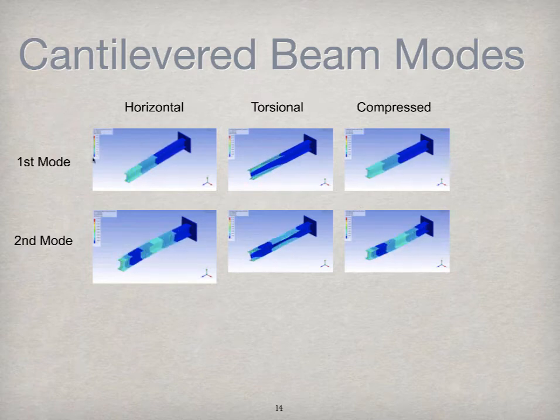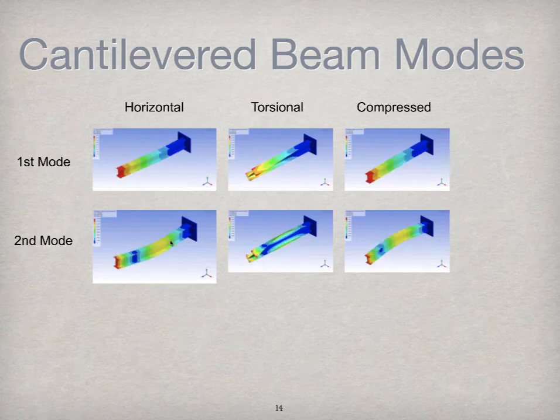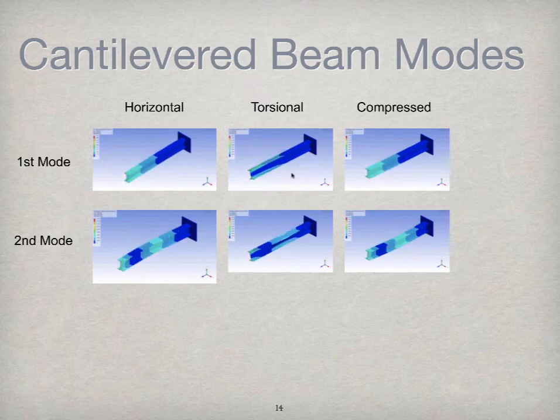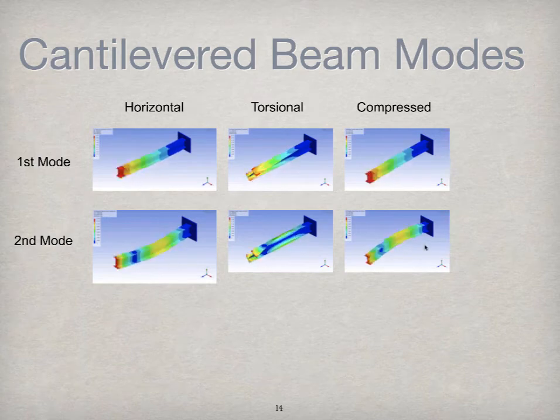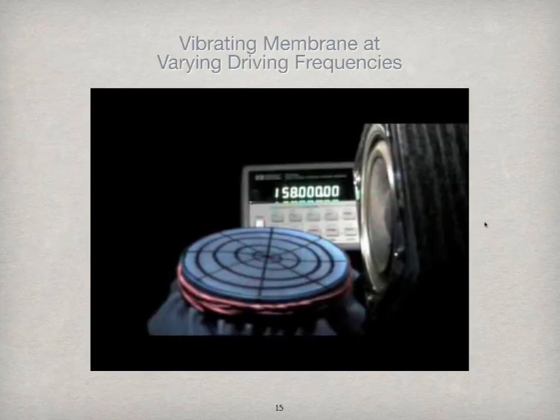There's the first mode in horizontal, and in the second mode horizontal, you can see there are 2 nodes. And in the torsional, you can see torsional vibration here and a multi-node second mode here. And then in the other direction, it can be compressed. You can also get multimodal vibrations there.